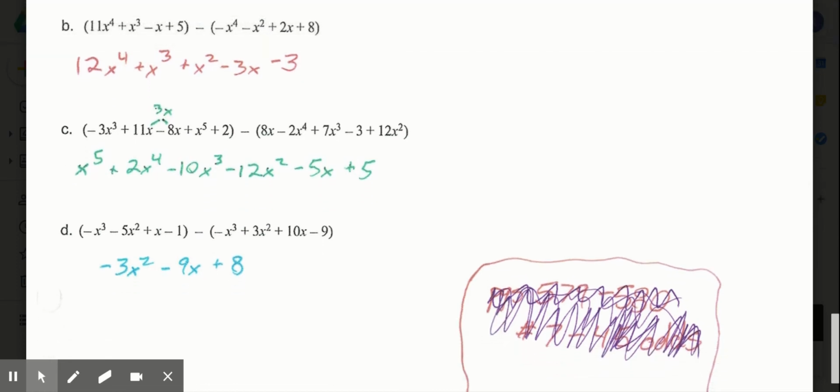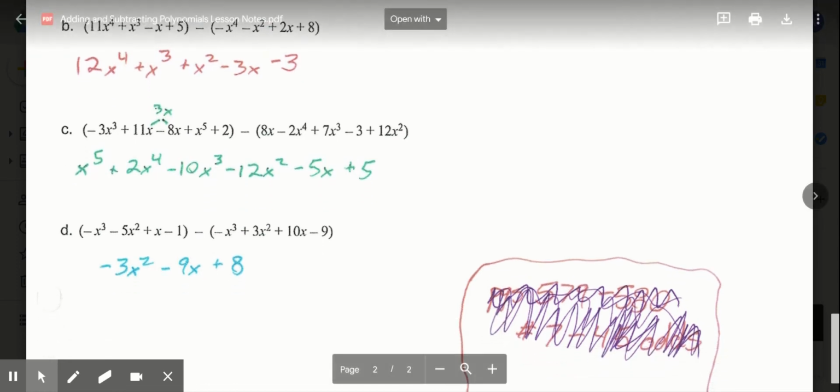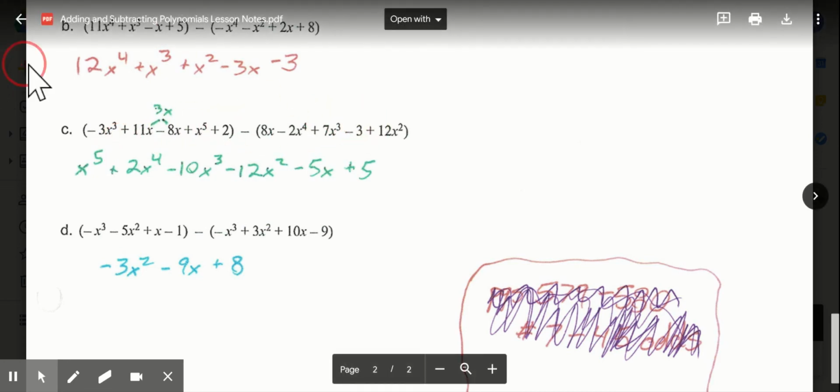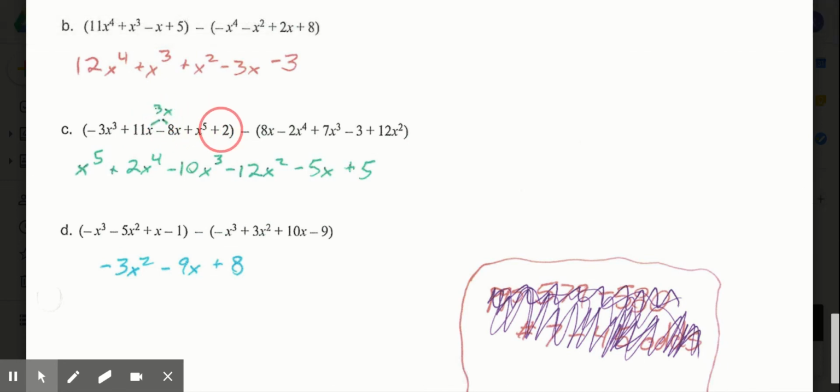So in C, what I'm looking at first is, in this problem, 11x minus 8x, I can combine right away to become 3x. Then I'm going to combine like terms. I have a -3x cubed. I have an 11x and the 8x, which became 3x, an x to the fifth, and a +2.